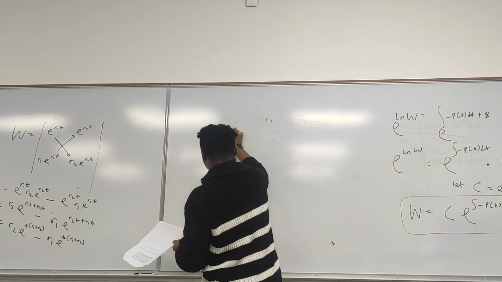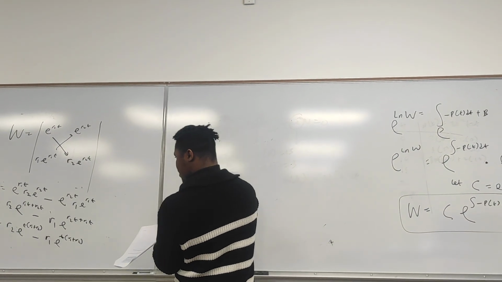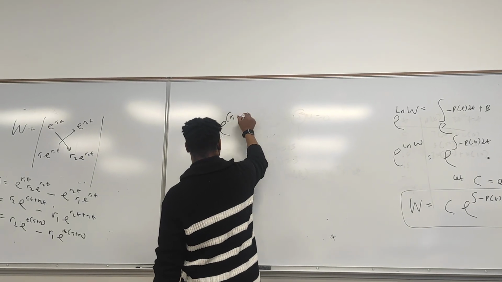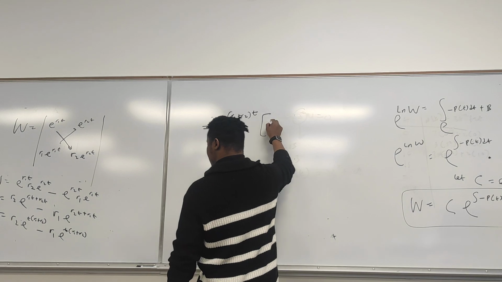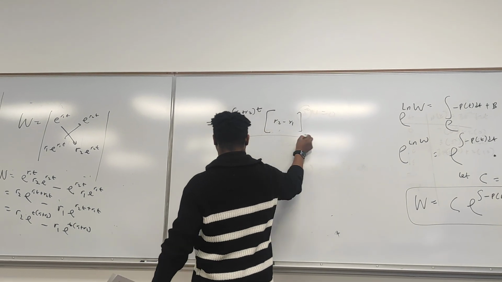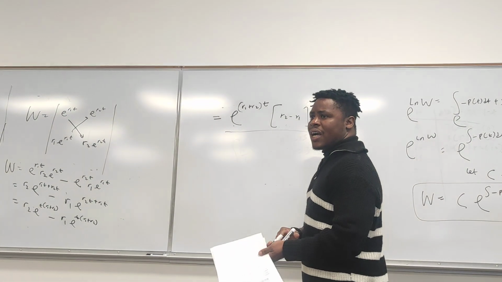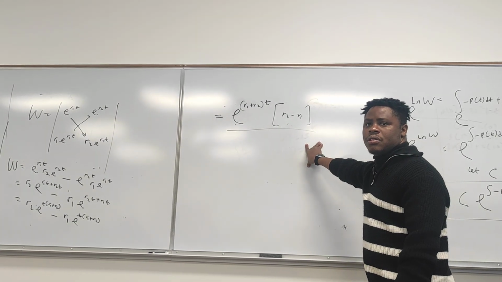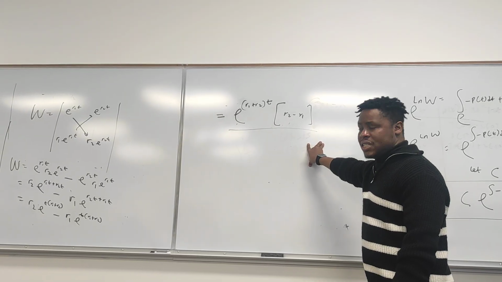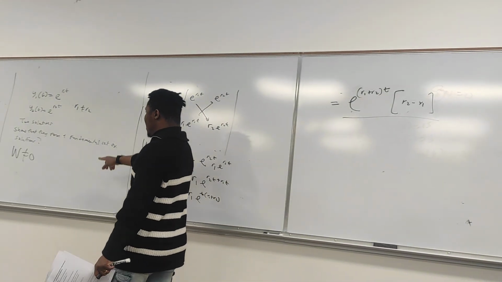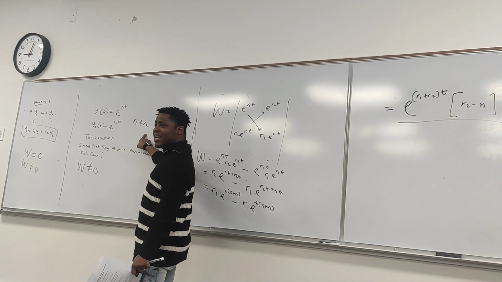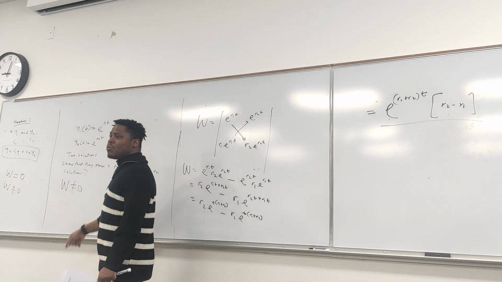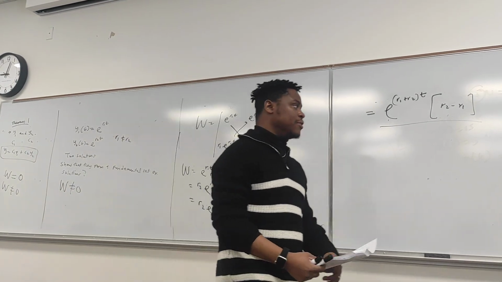So since they are the same, it becomes e^((r1 + r2)t) times (r2 minus r1). Can someone tell me why this value can never be 0? Yes? Because r2 doesn't equal r1. Yes, exactly, because the question told us that r1 is not equal to r2. So the value can never be 0. So the Wronskian can never be 0. So it means these two are fundamental solutions to a differential equation.